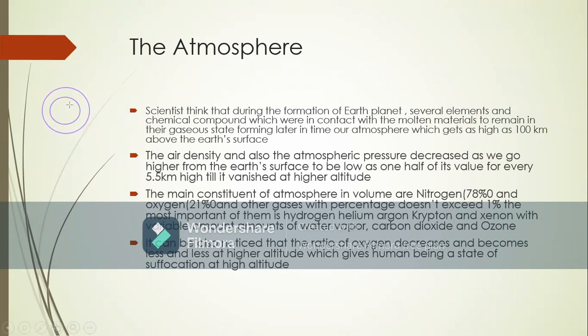The inner core is solid, but the outer core is fluid and has iron and nickel, which are magnetic materials that make the Earth's magnetism. Some scientists thought it results from the magnetic material on the outer surface. And this is the mantle.